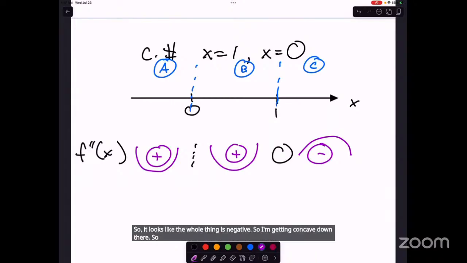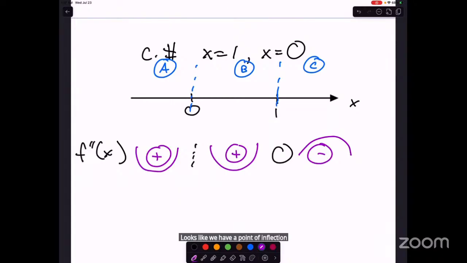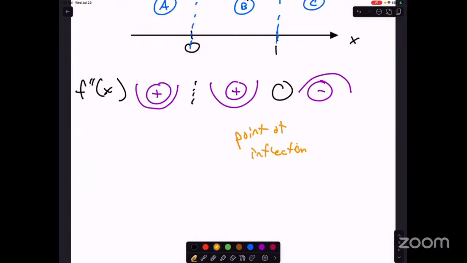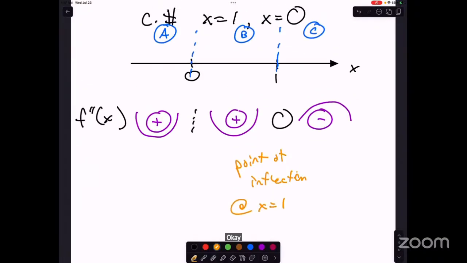So we do have a point of inflection. Looks like we have a point of inflection when x is 1. So this identifies a point of inflection, because the original function went from concave up to concave down. Okay.